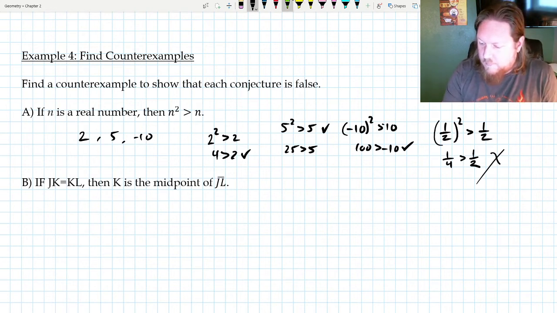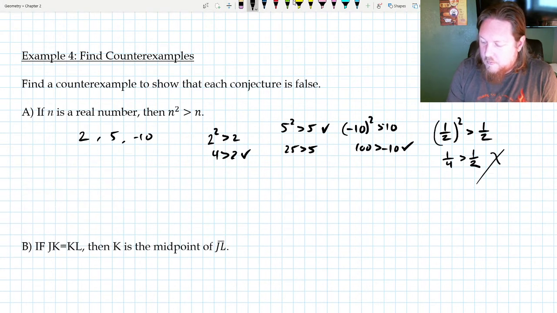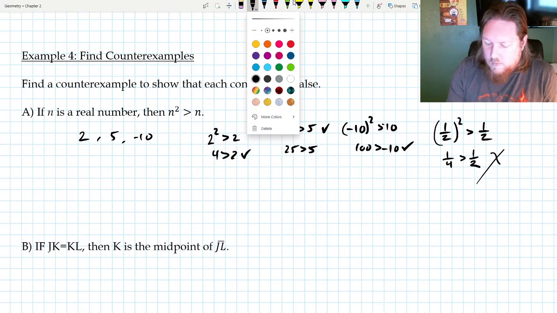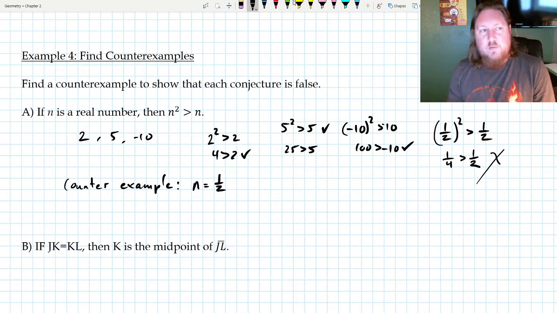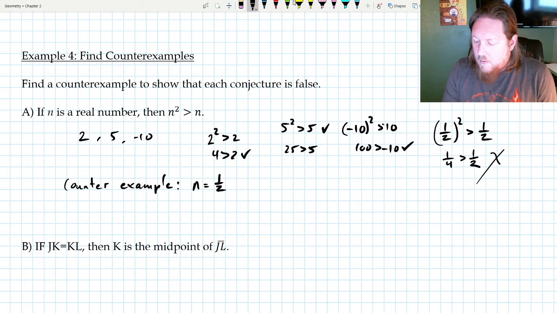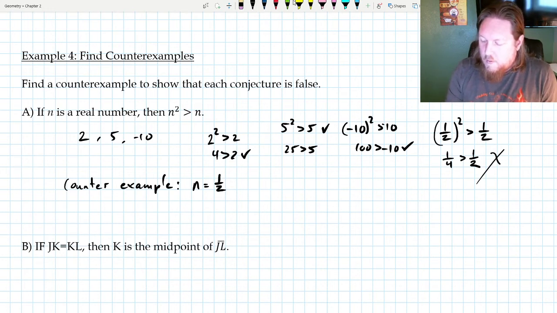I'm going to give myself a little bit more space here. Counterexample: n equals 1/2. Now 1/2 is a real number, and I'm going to write down that 1/2 squared is actually less than 1/2.